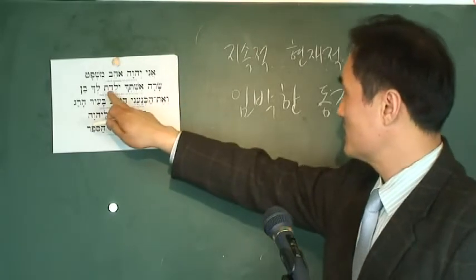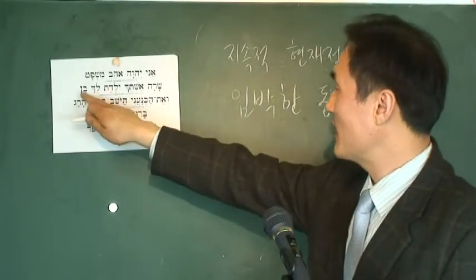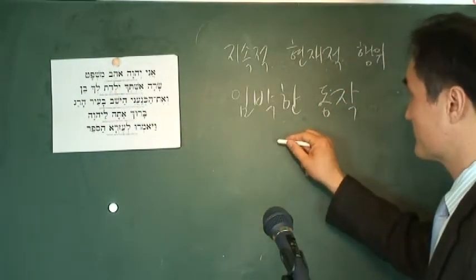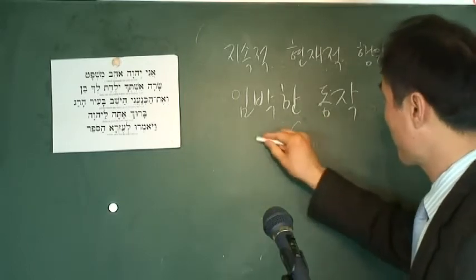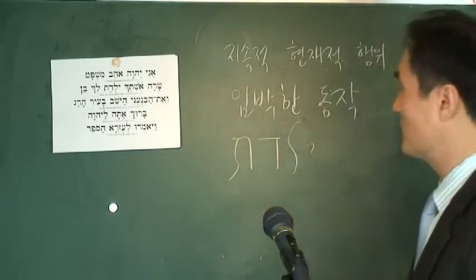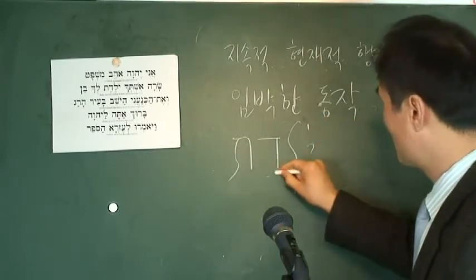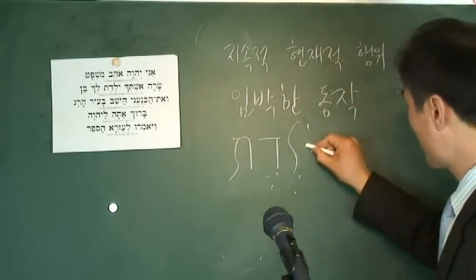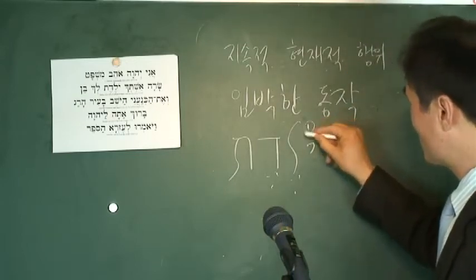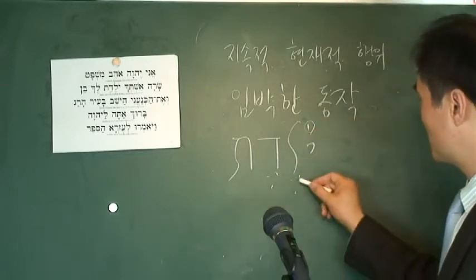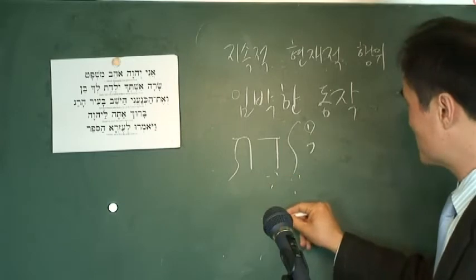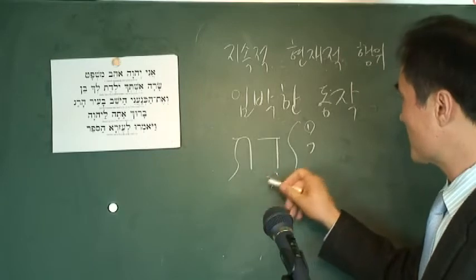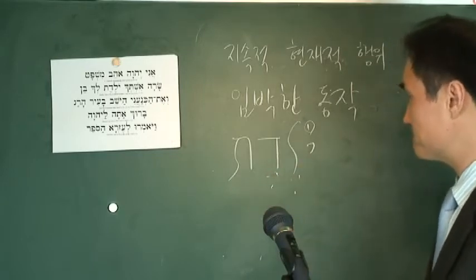This means Sarah, your wife, will bear you a son. The participle here would be yoledet. We can see the o form, where the vowel has changed in this sentence.